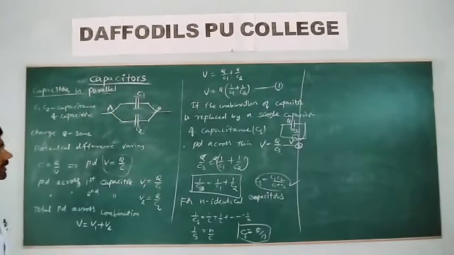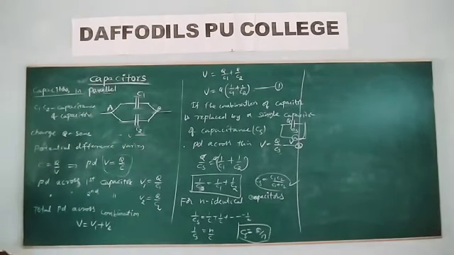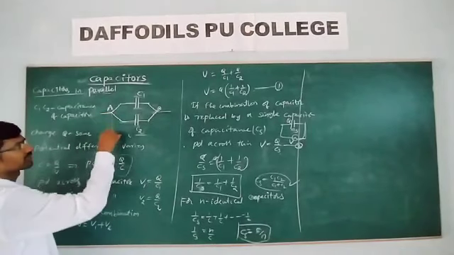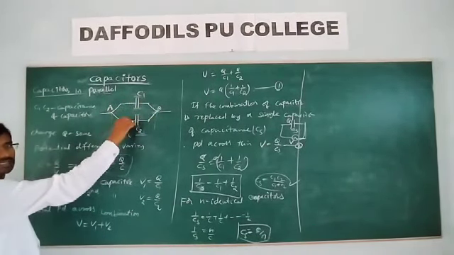Like that, up to n. Now, whenever a potential difference is applied in a parallel combination, it remains constant, because potential difference depends only on the endpoints. For these two capacitors, the endpoints are the same.